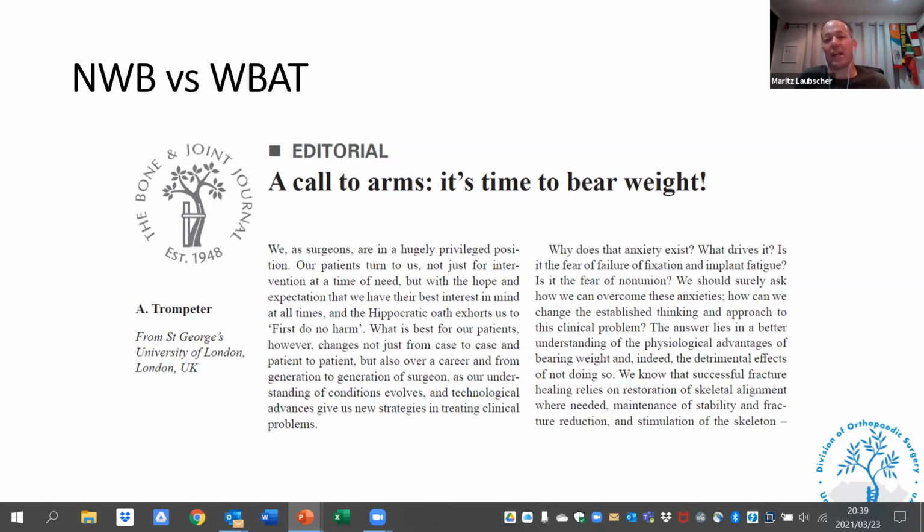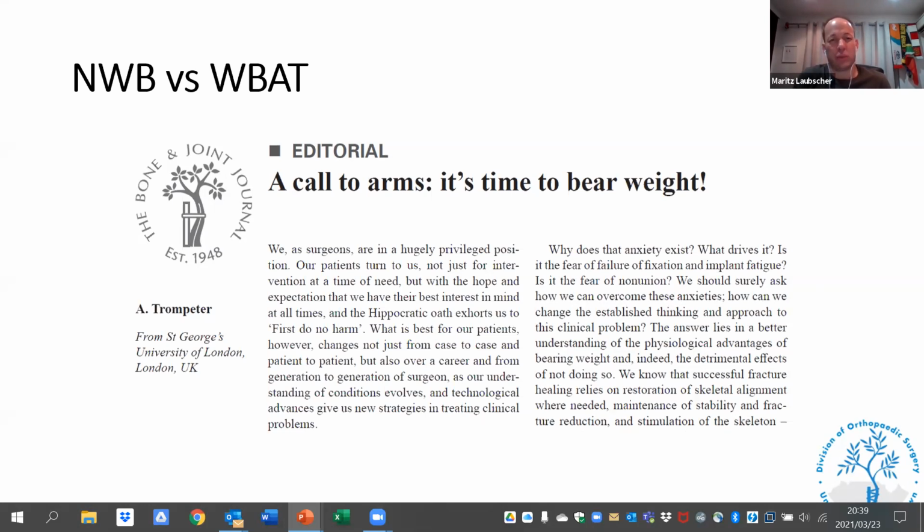biomechanical, theoretical, and some clinical evidence of why weight-bearing post-lower limb fracture fixation is beneficial. And he's published a series looking at tibial plateau fractures using the term weight bear as tolerated.